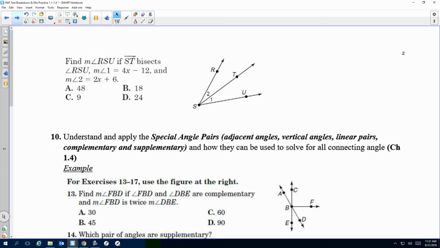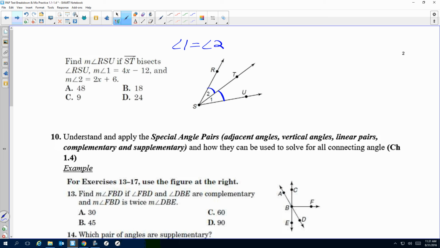If it bisects, it cuts in half, so you have 2 equal parts. My 2 equal parts are 2 equal angles, even though it doesn't look like it: angle 1 and angle 2. What do we know about those 2 angles? They're equal. They're congruent. So angle 1 is equal to angle 2.